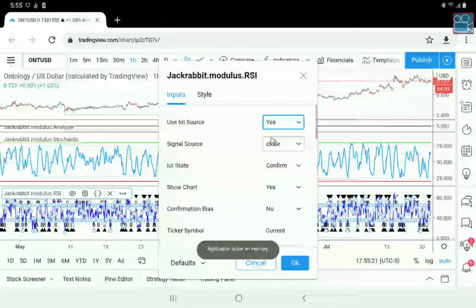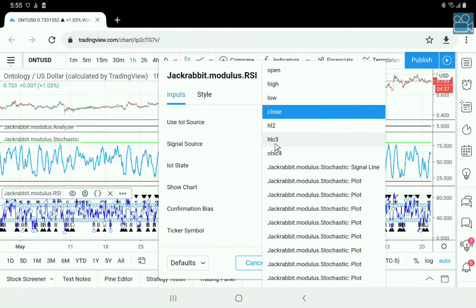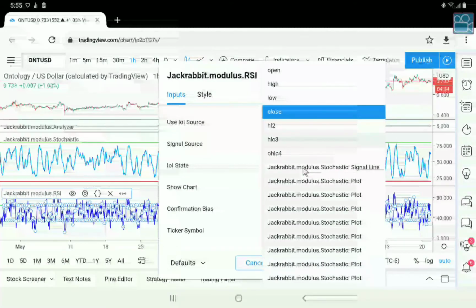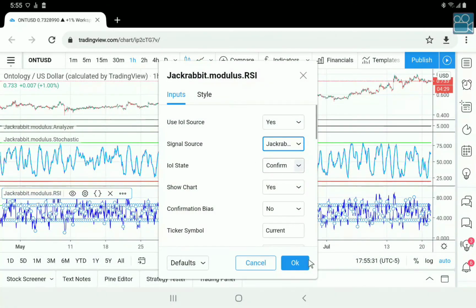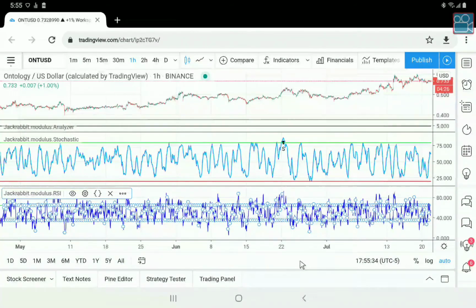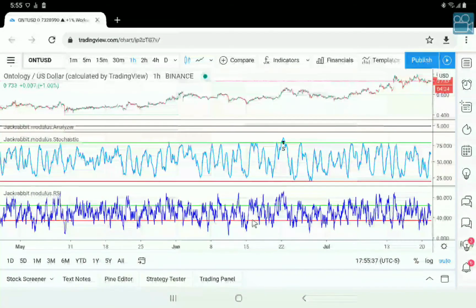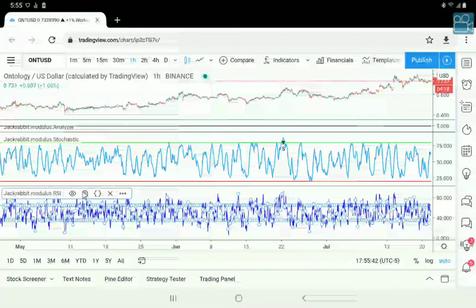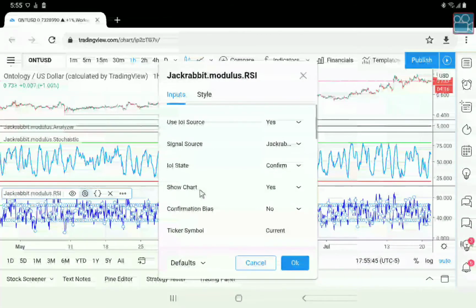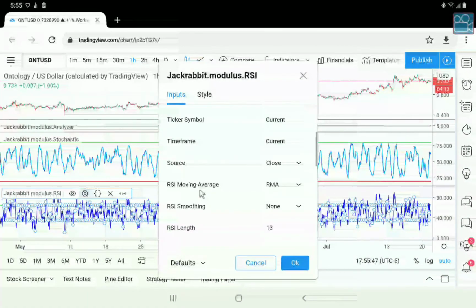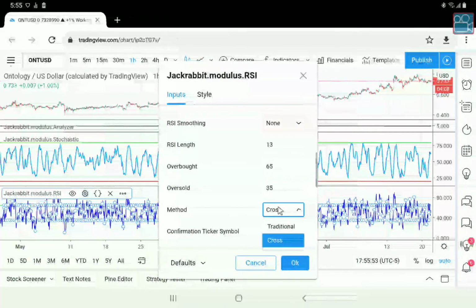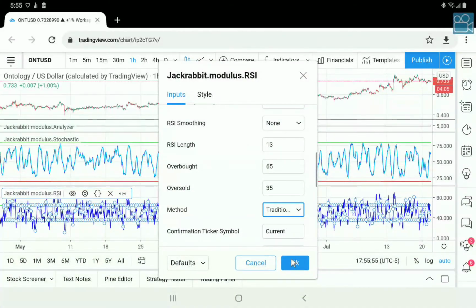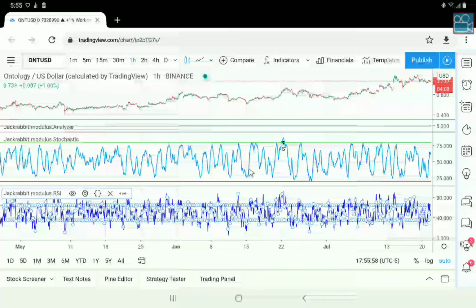Let's see how this actually looks. There we go. RSI is pulling in the stochastic. Okay, it looks like we need to put RSI in an aggressive state. Okay, let's go to traditional. And let's see what it shows.